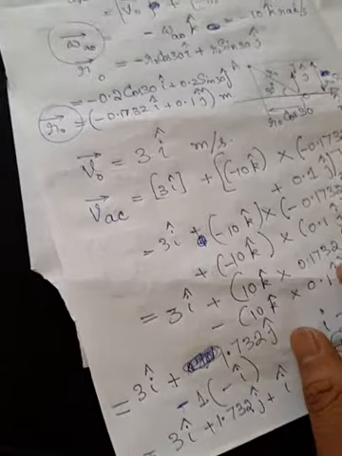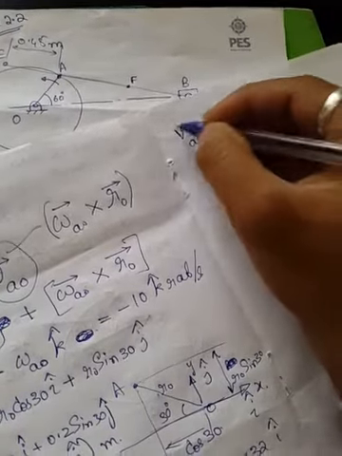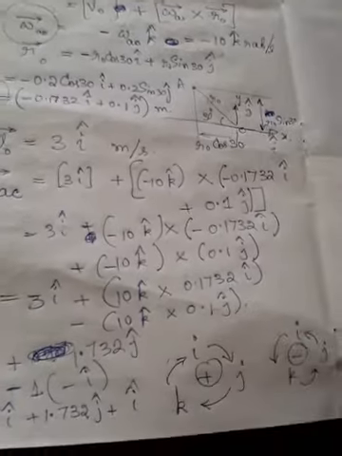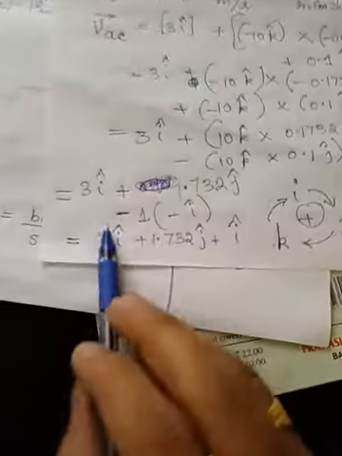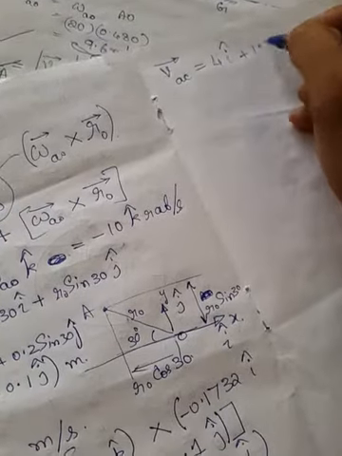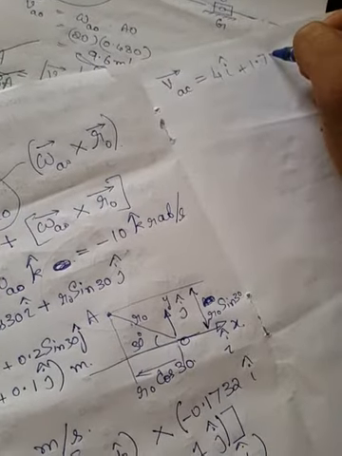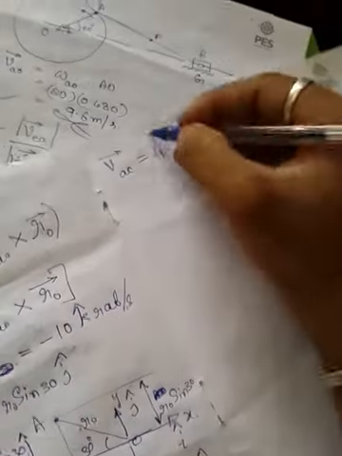Therefore this is your vector for V_A/C. You have 3i plus i to be 4i plus 1.732 j cap, units once again meters per second.